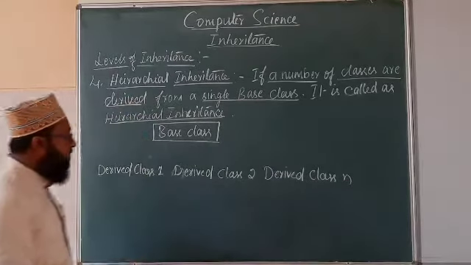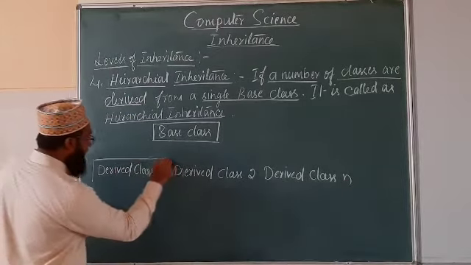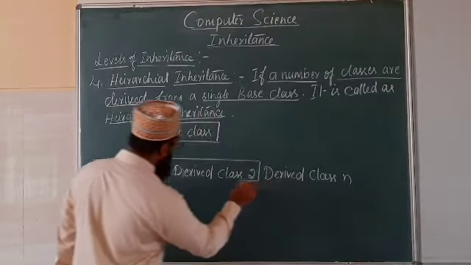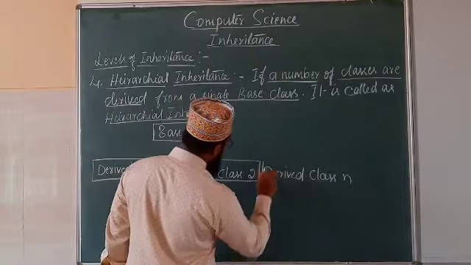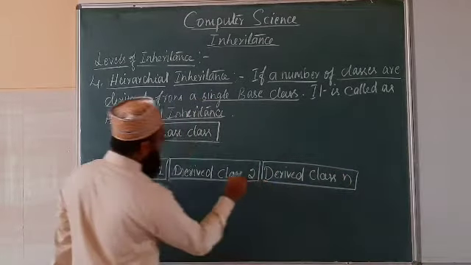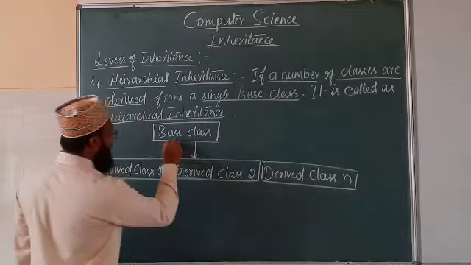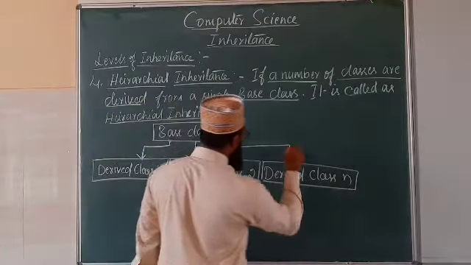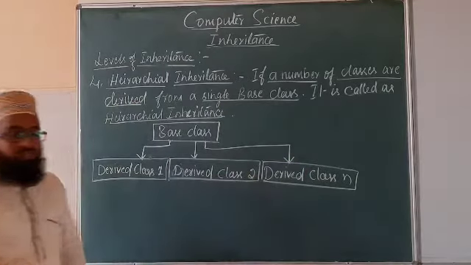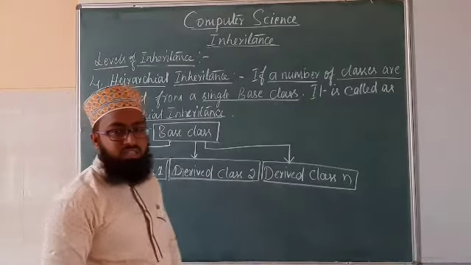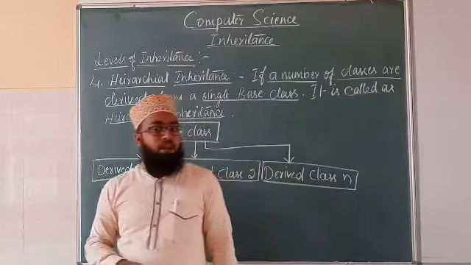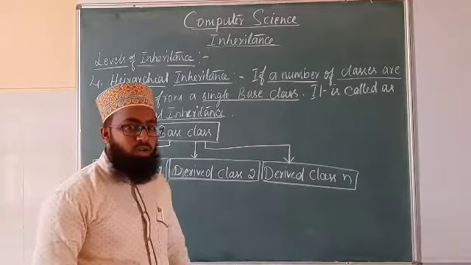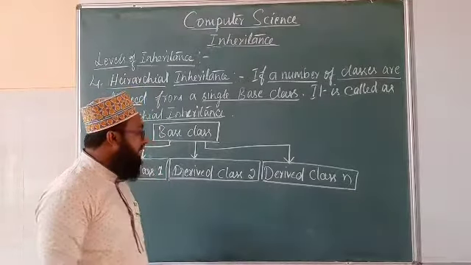Many derived classes can be inherited. So this type of inheritance is called hierarchical inheritance. This is 1, this one is 2, and this is 3. So more than one class is inherited from a single base class.